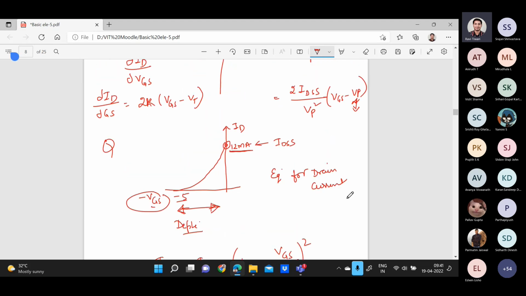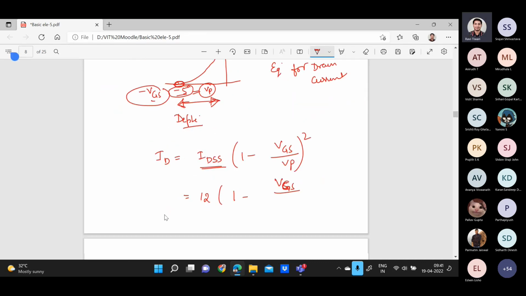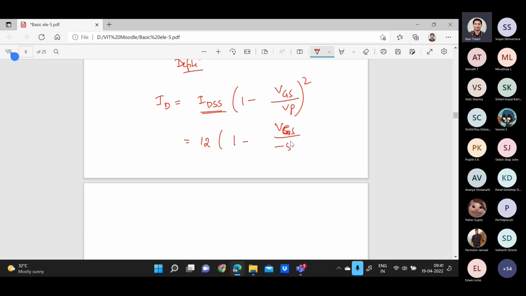Now VP is the pinch-off voltage, when the drain current is 0. This minus 5 is the VP. So you write minus 5 here, whole square. So you can write 12 times (1 minus or plus VGS by 5) whole square. This is the value of ID.